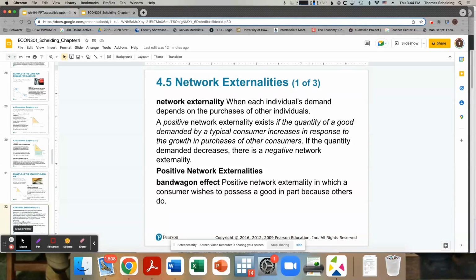On the contrary, they become less valuable the fewer people have them. Like, who sends a fax anymore? There's some. My wife, in her industry, they still rely on faxes quite a bit, but that's pretty old technology. Where you really saw network externalities was in the Facebook movie, The Social Network, because the value of that social networking site was that all of your friends were on it.